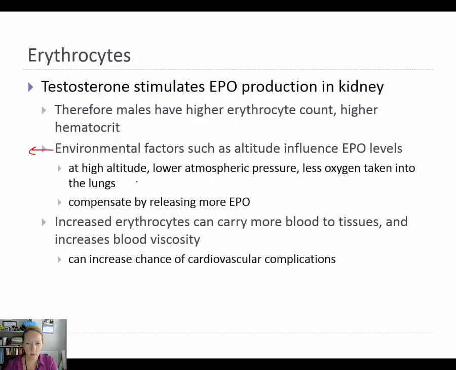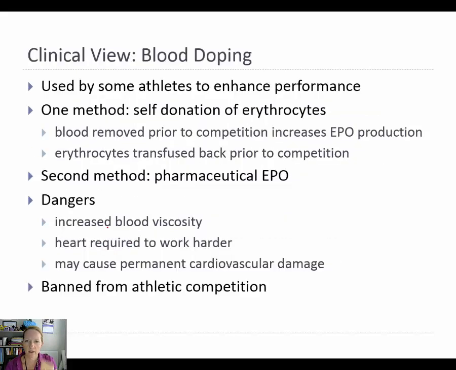So, on the same lines as this whole increased erythrocytes, let's take a look at another thing that some athletes might do to enhance their performance, but this is actually illegal, so it's banned from athletic competition. One method of blood doping is self-donation of erythrocytes. Prior to the competition, they'll have blood removed, and then that actually stimulates EPO production.